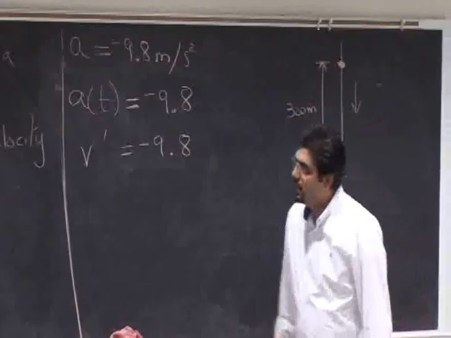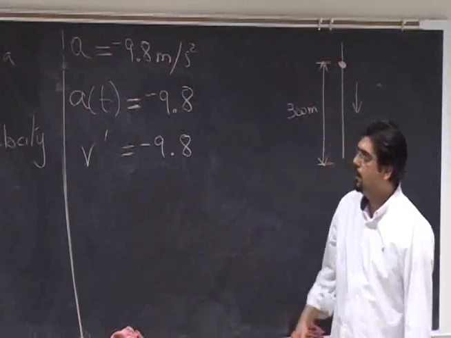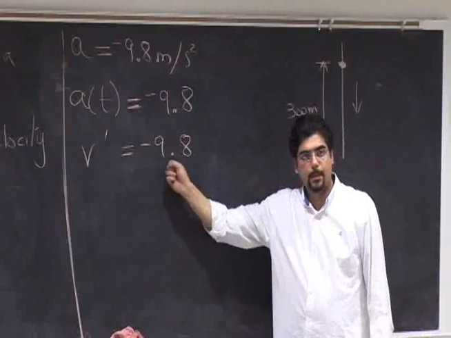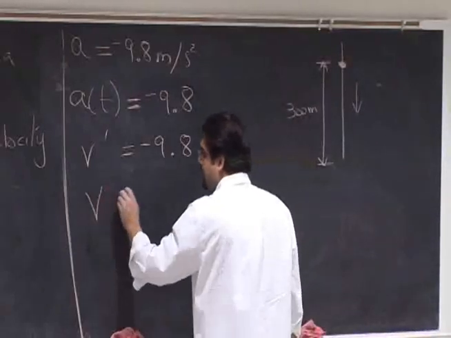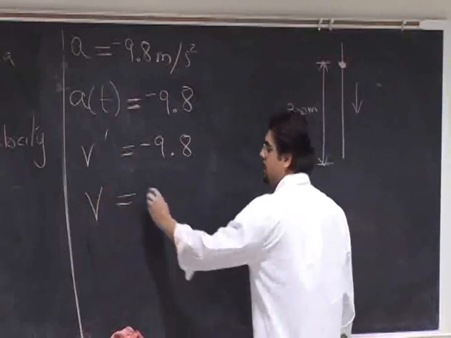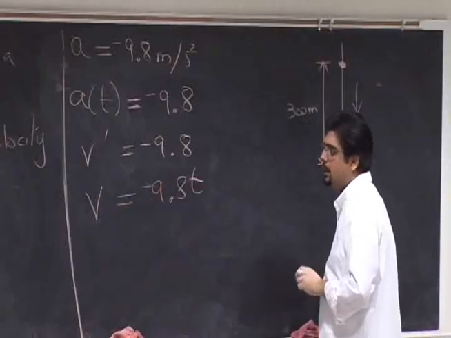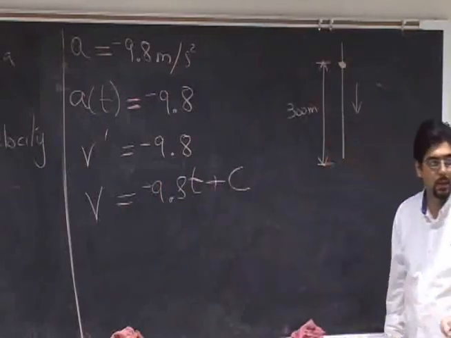In other words, I'm asking the same question as I did over there. I want to describe all the functions V whose derivative is negative 9.8. And the simplest one is what? Negative 9.8t. And to describe all of them, plus c. Does that make sense?